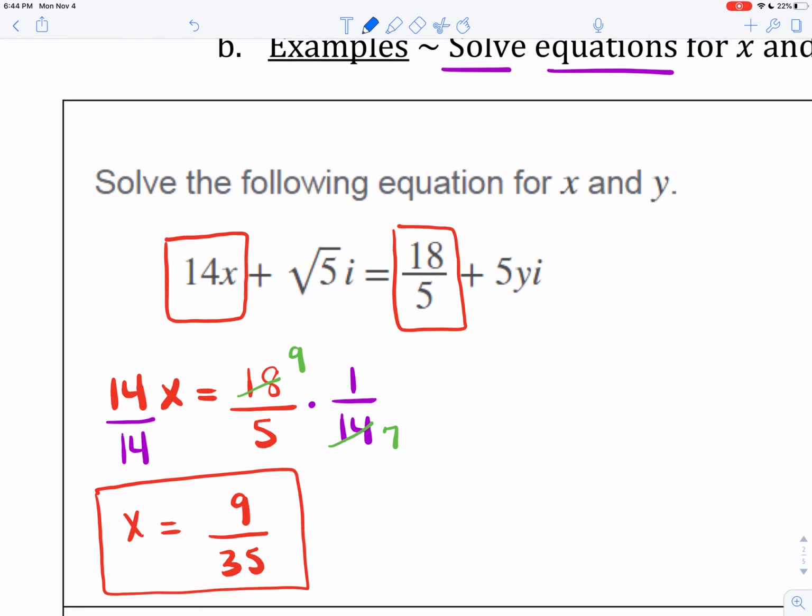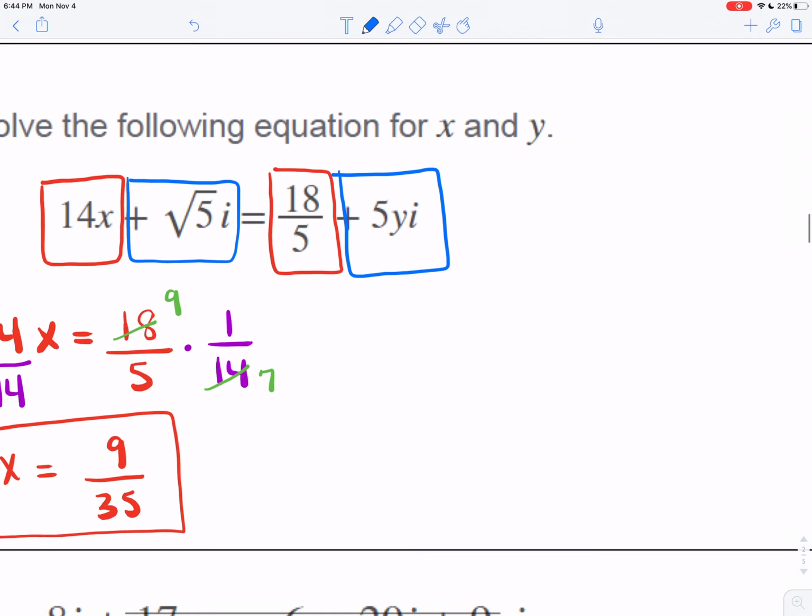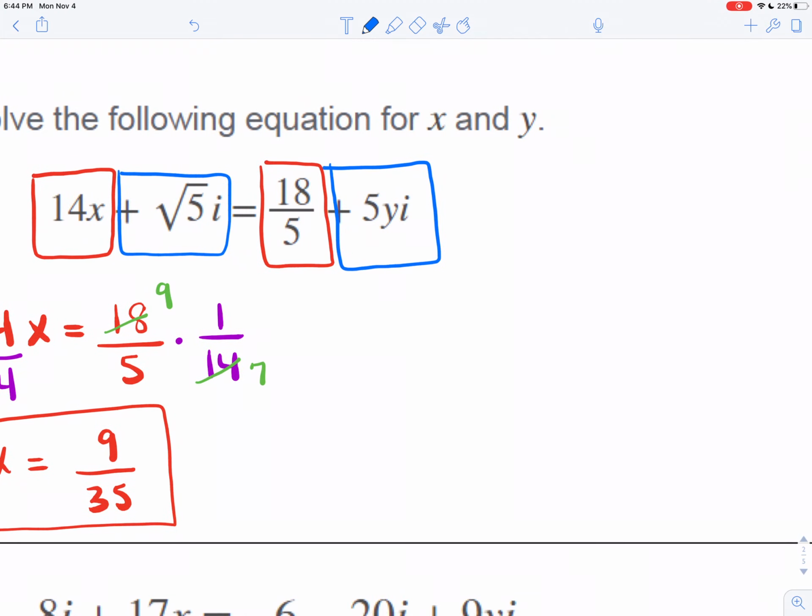Now, I've got a y in there as well, so I'm going to go back and take the imaginary parts, including their signs, and set those equal to each other as well. So if I set the imaginary parts equal to each other, I've got the square root of 5 times i, and over here, I have 5y times i.